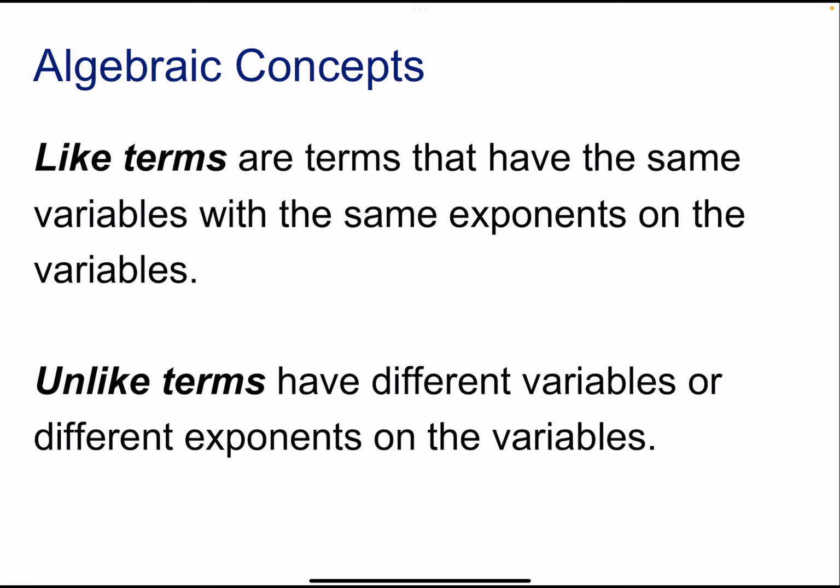Like terms. Like terms just means that they are terms with the same exponents on the variables. Example, x squared, 2x squared, those are like terms. 5x squared, like terms. Unlike terms just means that they are not like terms.